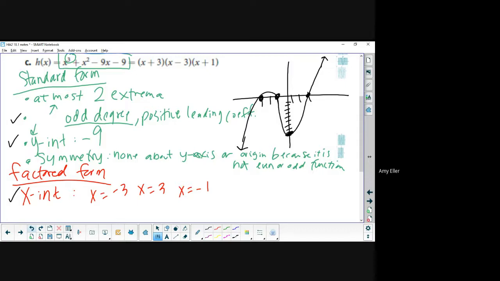That has 2 extrema. You don't have to plot those. And it's not symmetrical. Those are the kind of graphs we're doing today. You're writing this out, and you're plotting just those things. Questions?